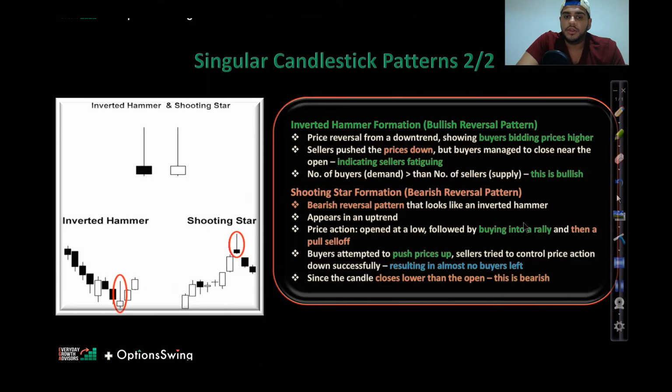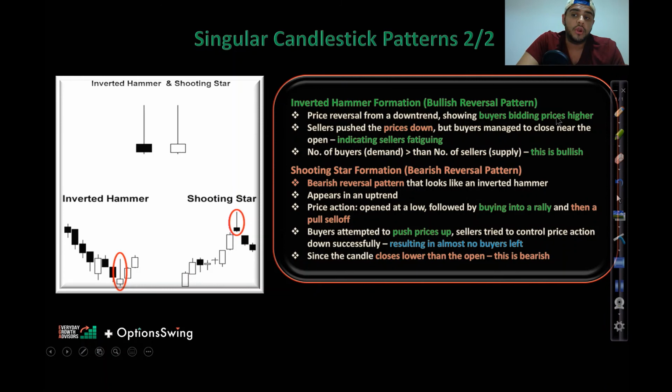The next one is going to be called the shooting star and the inverted hammer. So the inverted hammer is almost the same as the hammer, except the wick is on the opposite side now. So instead of the hammer like you saw just now, which had this on this side, this actually has the body on the bottom, and it appears on the end of a downtrend.